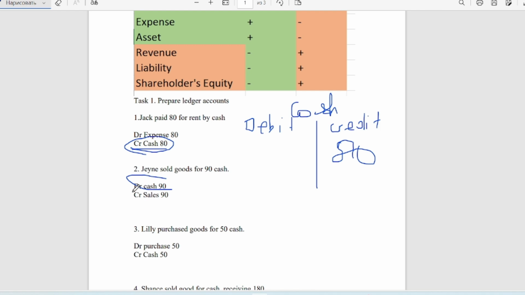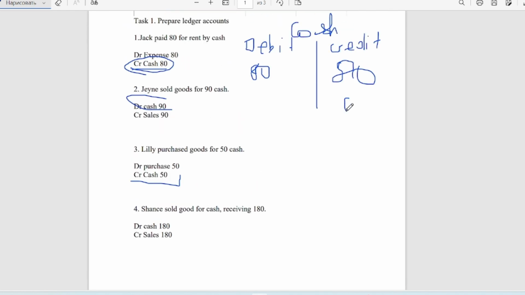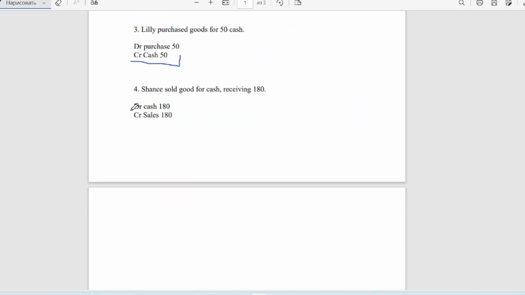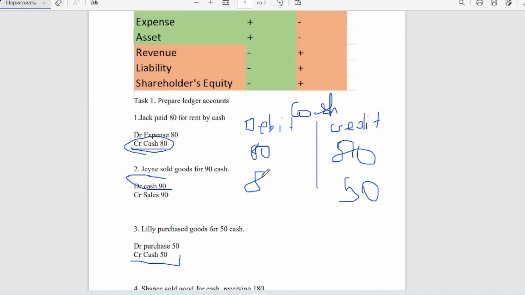And here we have cash but on the debit side, so let's write it on the debit side. Here again we have cash on the credit side, so let's write it on the credit side. It's 50. So here we have cash on the debit side, so let's write it on the debit side. And this is the thing called a ledger account.